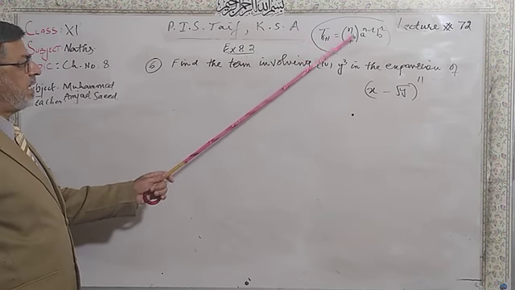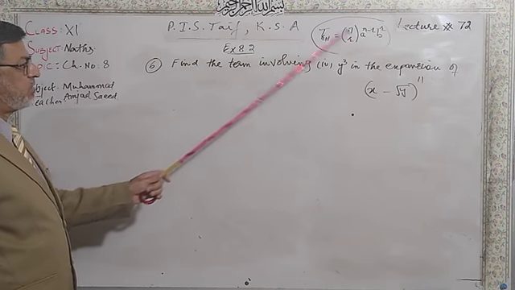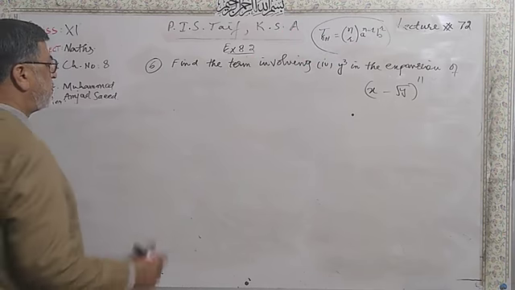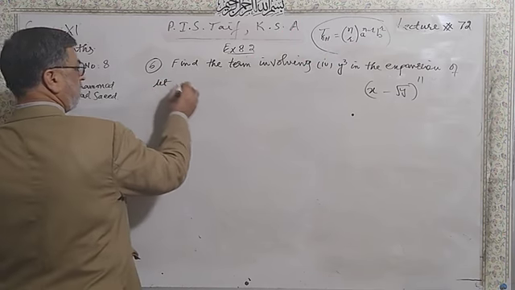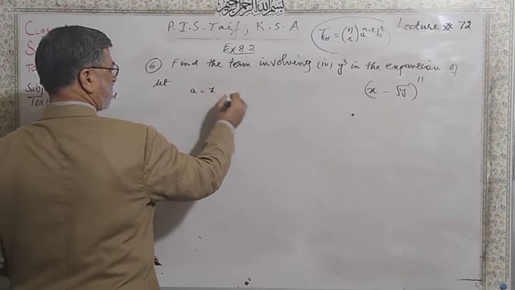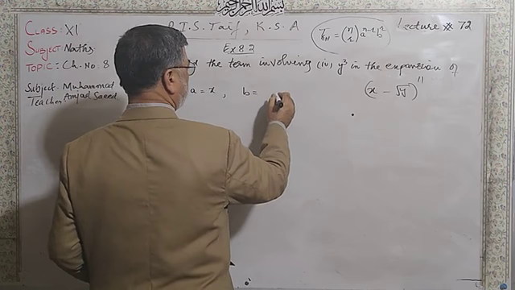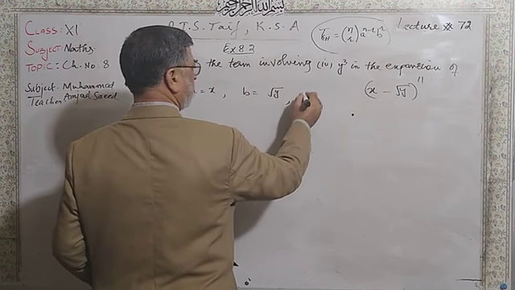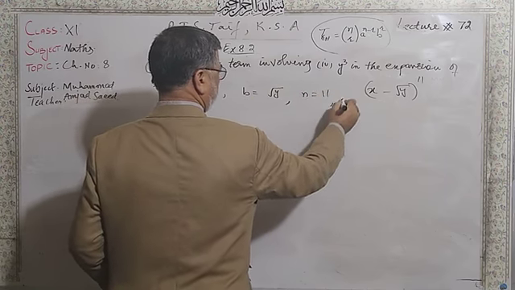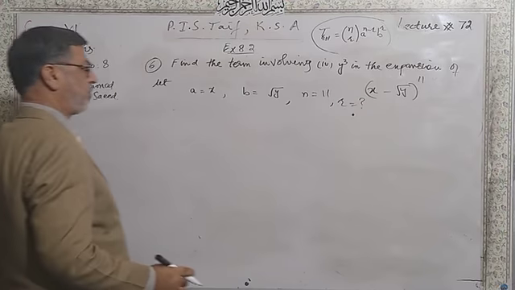T r plus 1 is C r n minus r d r, this is the general term. Let A be equal to x, B be equal to minus y under root, n is equal to 11, and r is to be found.